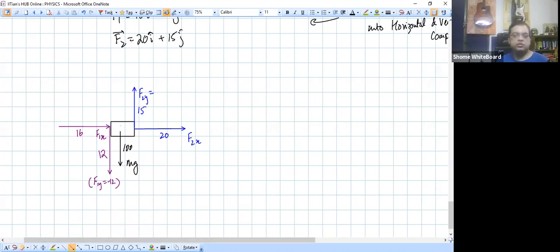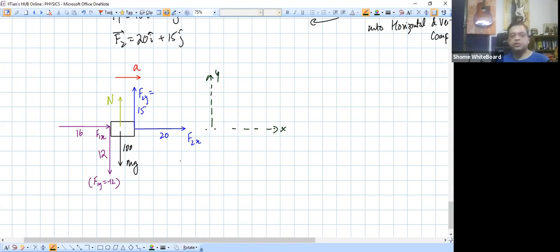So there is some, beg your pardon, upward normal reaction. Okay. And all these forces together are giving the horizontal acceleration of a. All right. Where this is our x-axis and this is our y-axis. Okay. So this is the forces in resolved form.